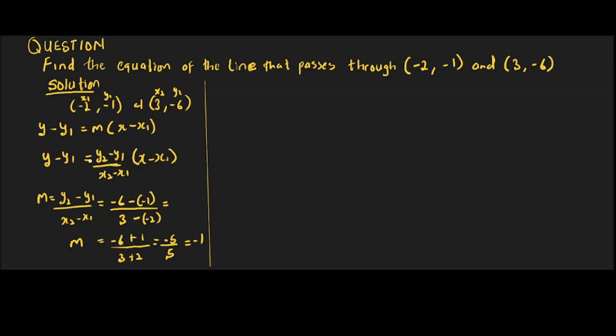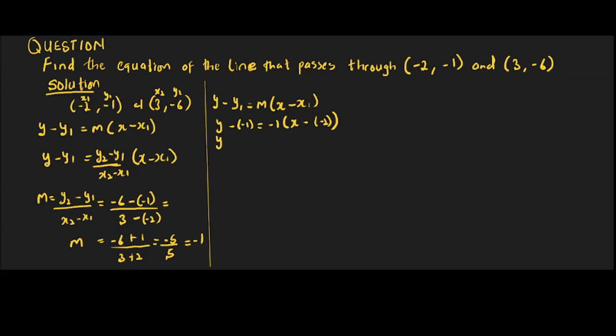So let's go back. We've gotten the value of our m, so we now go back to y minus y1 equals m open bracket x minus x1. Here, our y minus y1, that's y minus minus 1, equals our m, minus 1, open bracket x minus our x1, minus 2.